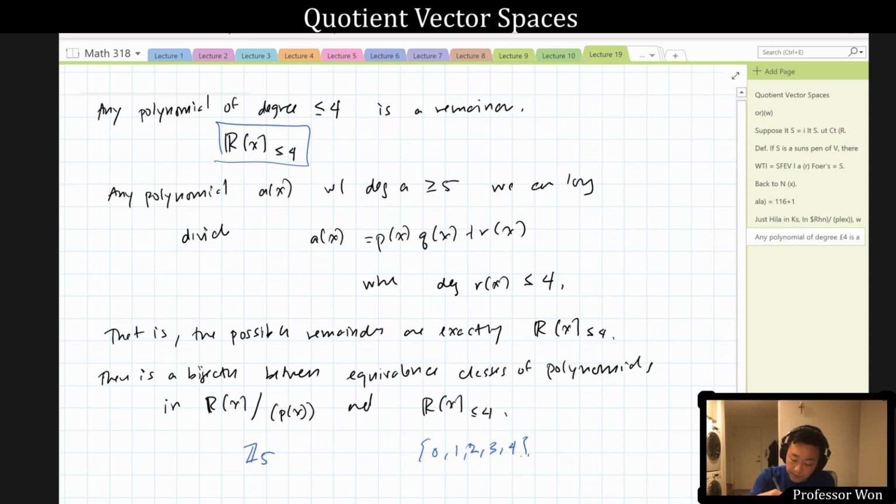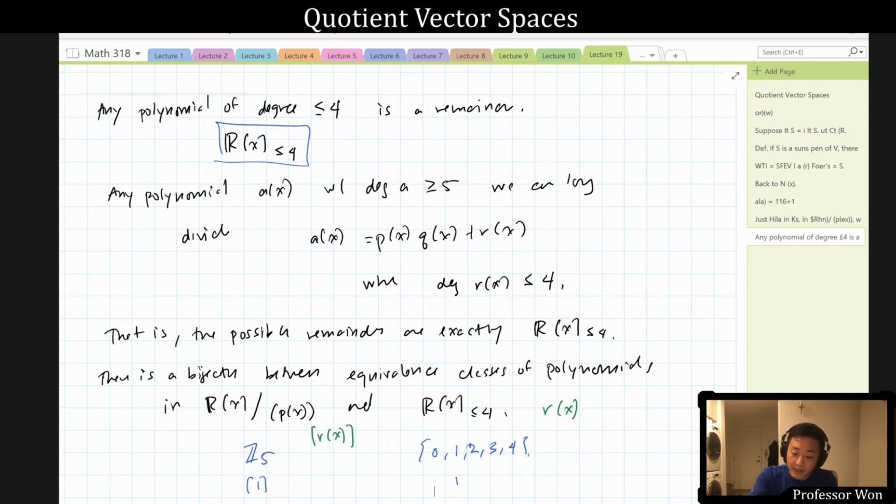Okay, and so remember, on this side, the numbers are equivalence classes. Of course, the remainders are just integers. Right, so up here, the remainders are going to look like just polynomials. But inside of the quotient space, it will be the equivalence class of the remainders. This is all the polynomials that have that remainder when you divide by p.